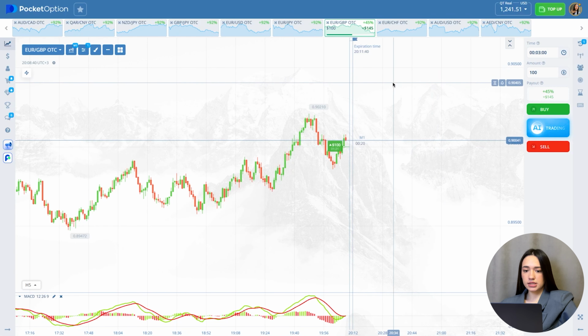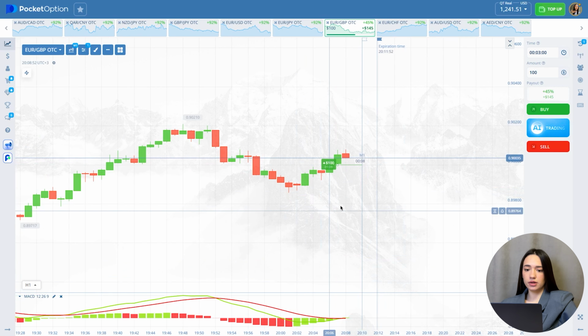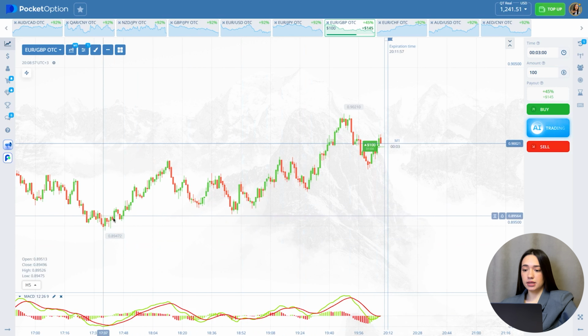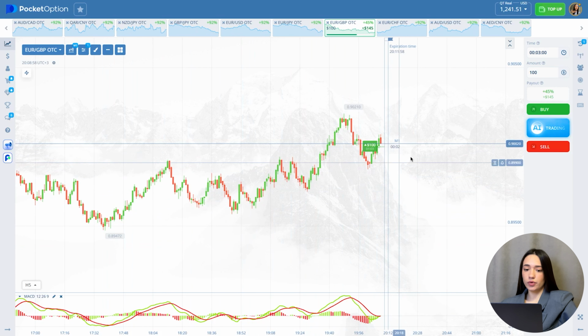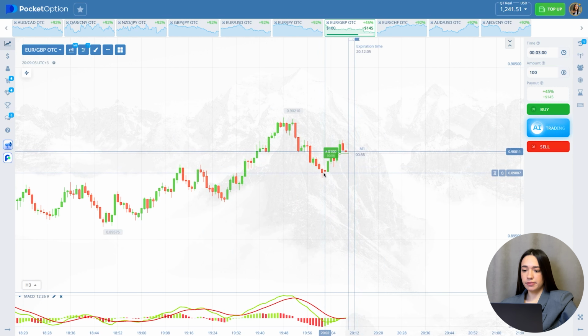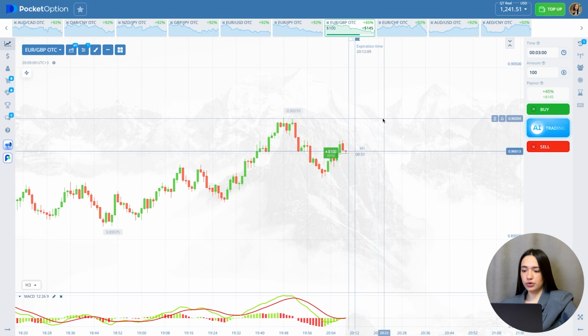So that's exactly why I opened a buy position. So pay attention, we didn't open the trade exactly at the moment of the MACD crossover, but slightly earlier. Why? Because the trend dynamics and the trend line were already analyzed. And I understand that the pullback is most likely finished and the next move should continue upward.